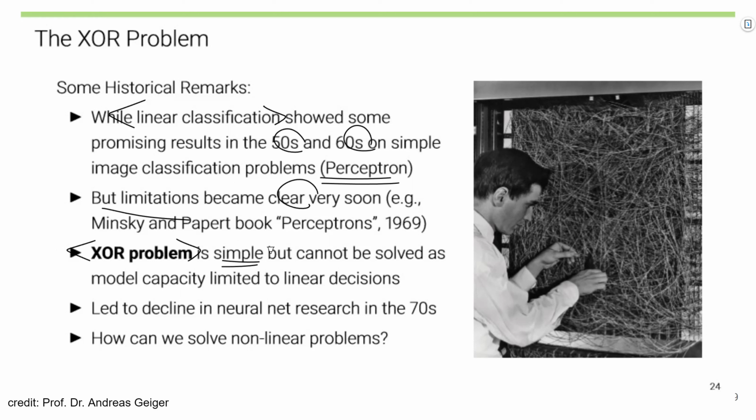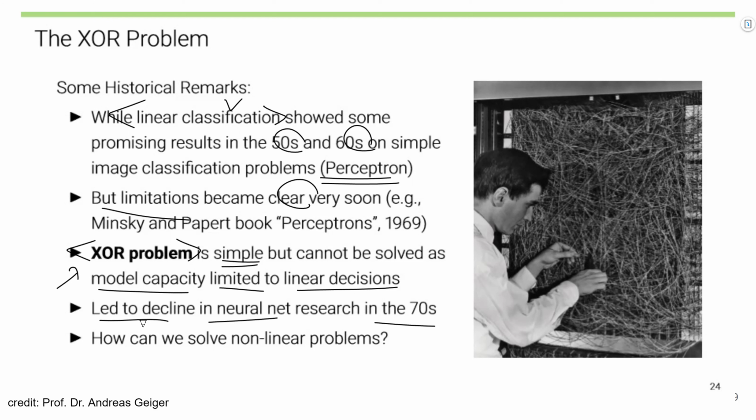However, we cannot solve this problem with linear classifiers because the model capacity was limited to linear decisions. And this was not the only reason. However, this was obviously one of the reasons that led to the decline in neural net research in the 70s.